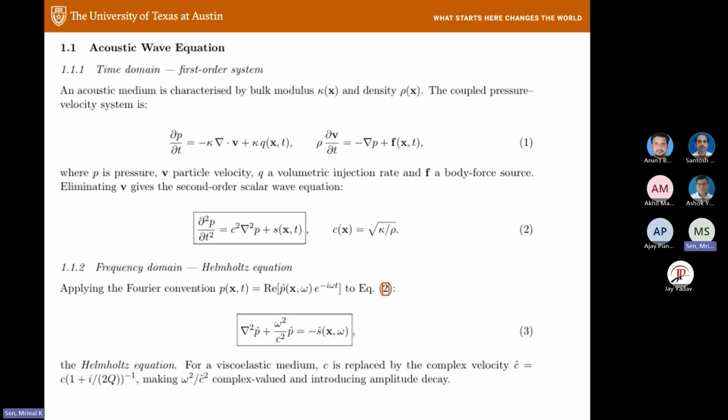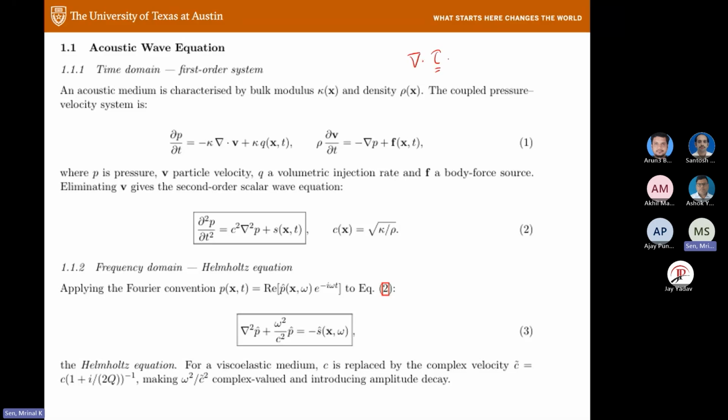so we will always look into a first order system and a second order system of equations. So when I say first order and second order system, what I mean is if you go back to your fundamental equations of seismology, there was one equation which is basically Newton's law of motion, right?